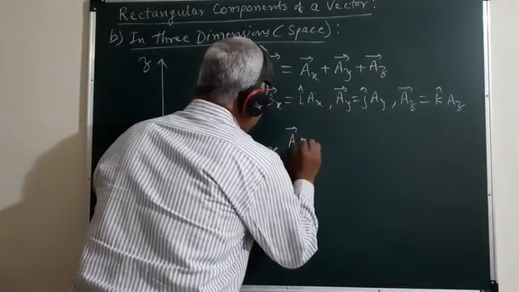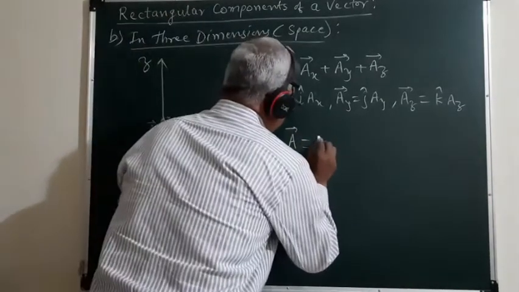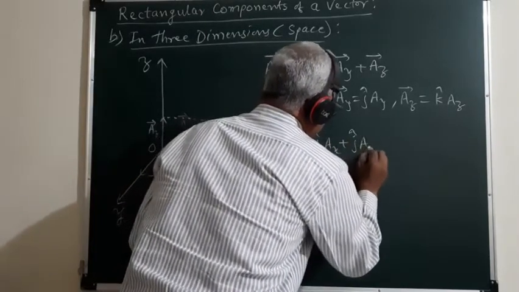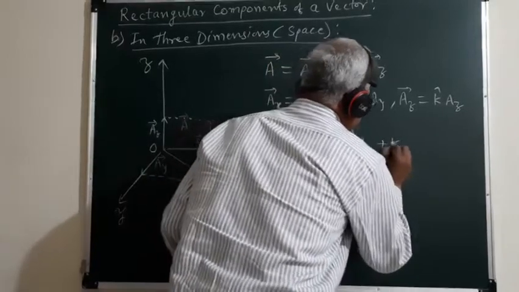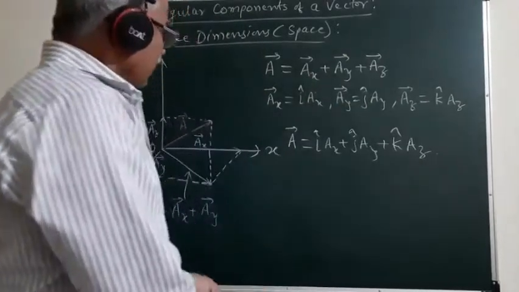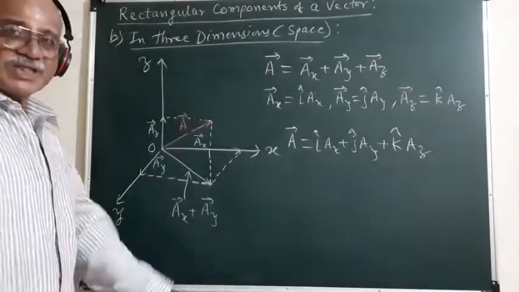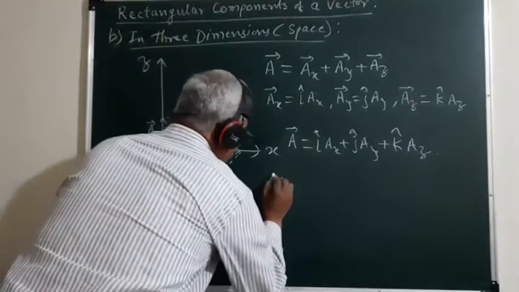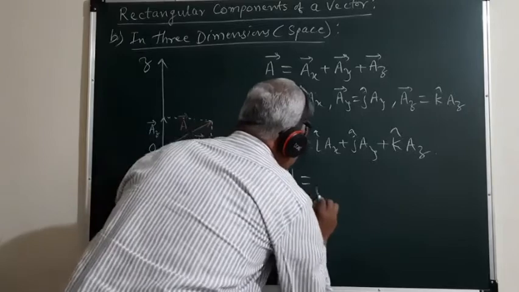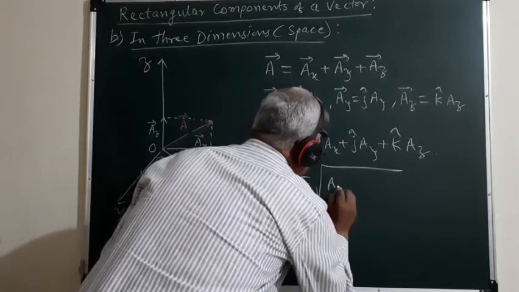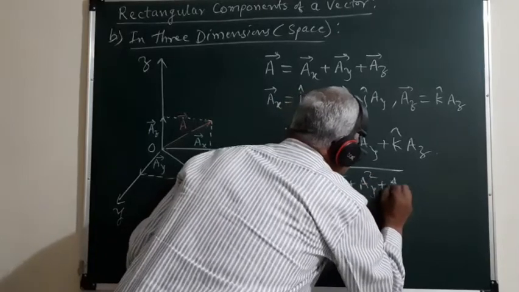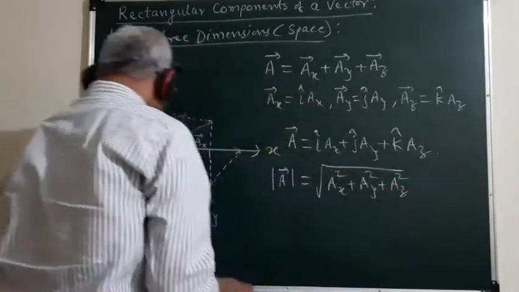vector A bar as i cap ax plus j cap ay plus k cap az. So the magnitude of this vector A bar in terms of its rectangular components can be expressed as under root of ax square plus ay square plus az square.